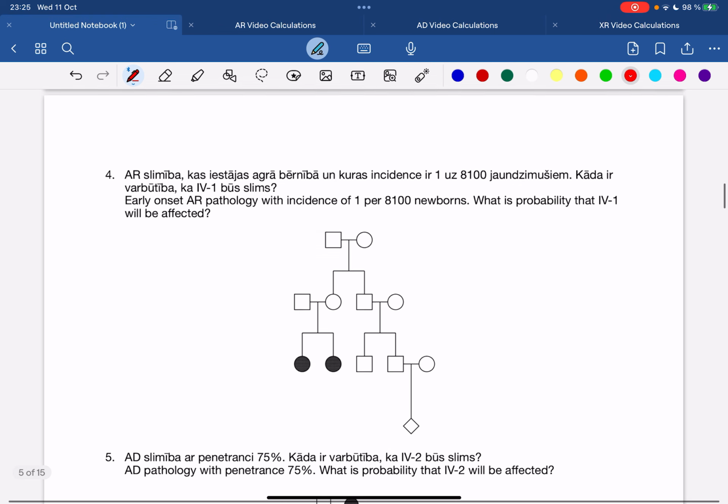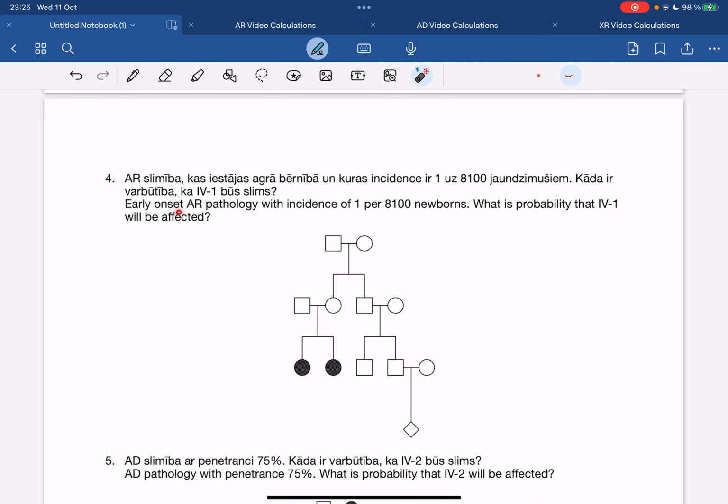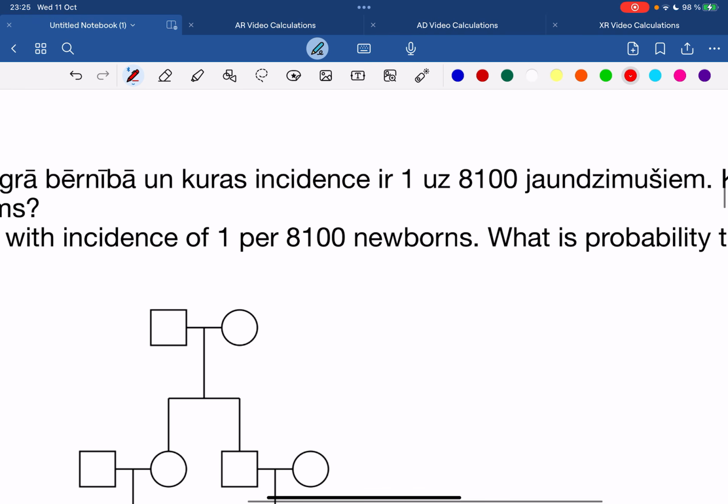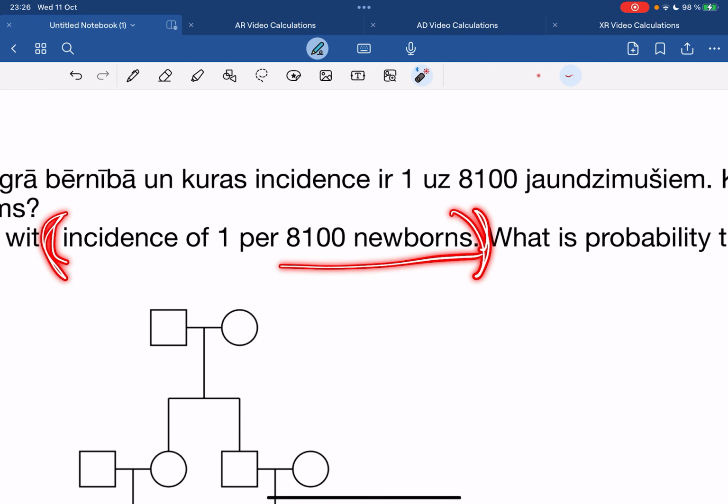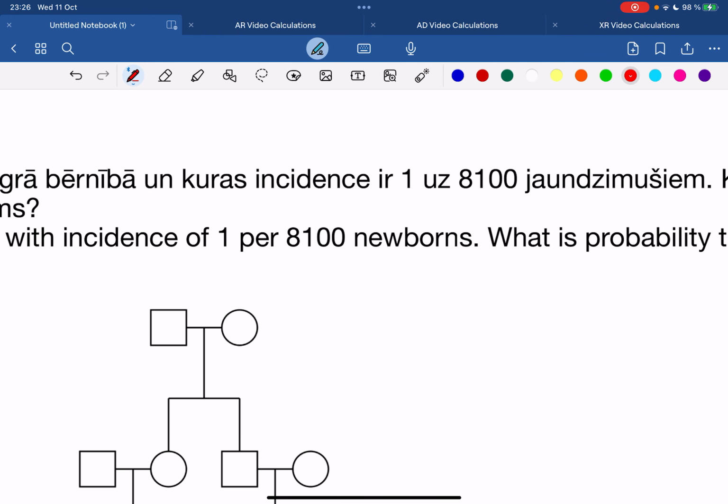We go next. We have an autosomal recessive pathology with an incidence rate. Okay. So let's first look at this one right here. Incidence rate means that sickness is occurring 1 per 8,100 times.